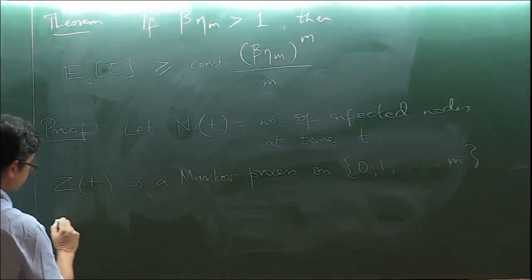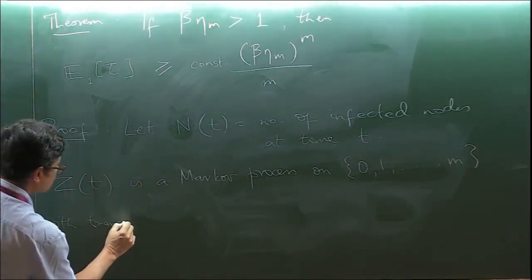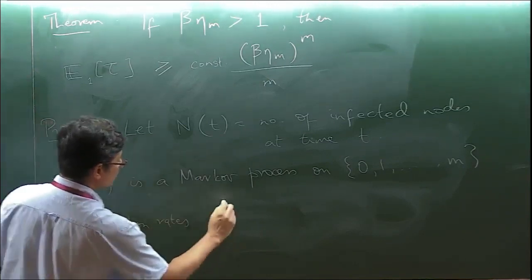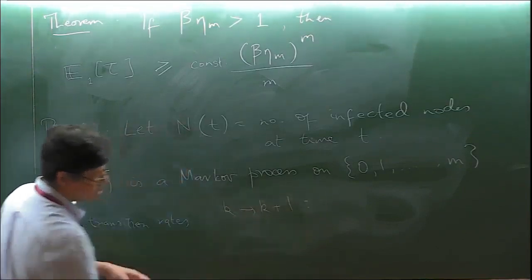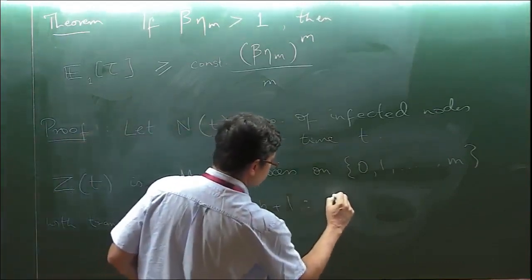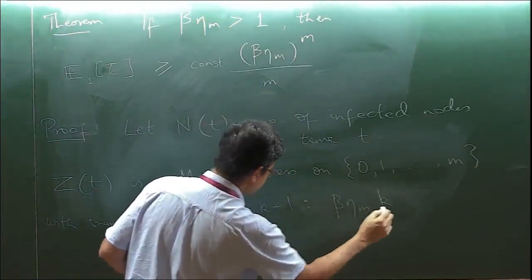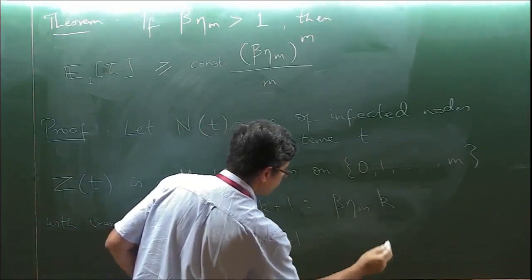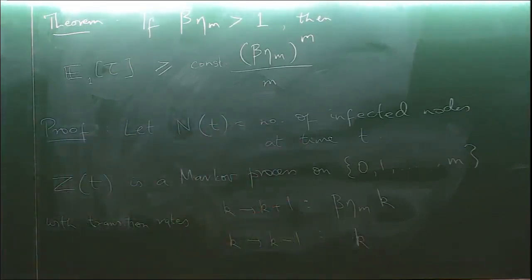Okay, and then this has transition rates: you go from k to k plus 1 at rate beta times eta m times k, and you go from k to k minus 1 at rate k.